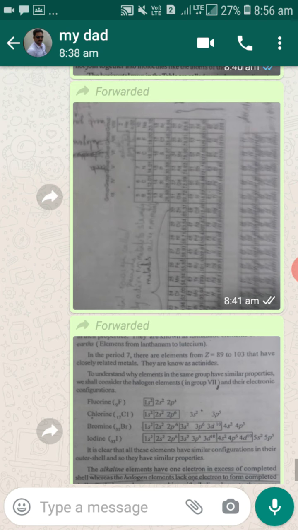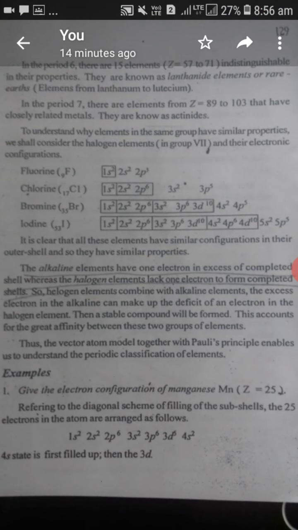Then we have studied that elements in the same group have similar properties. Therefore we consider the electronic configuration of the halogen atoms. In the electronic configuration, you see in the next diagram fluorine, chlorine, bromine, iodine.